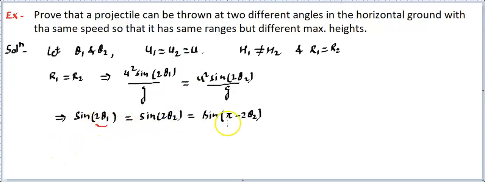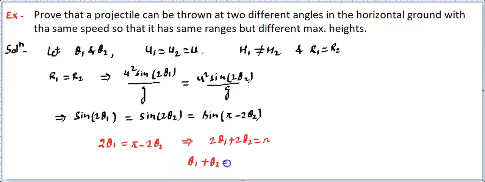When we compare these two arguments, we get twice theta 1 equal to pi minus twice theta 2. So 2 theta 1 plus 2 theta 2 is equal to pi. Ultimately you can write it as theta 1 plus theta 2 is equal to pi by 2.